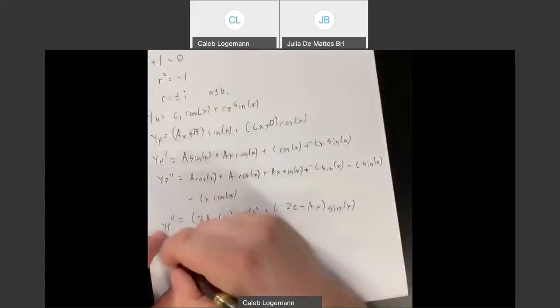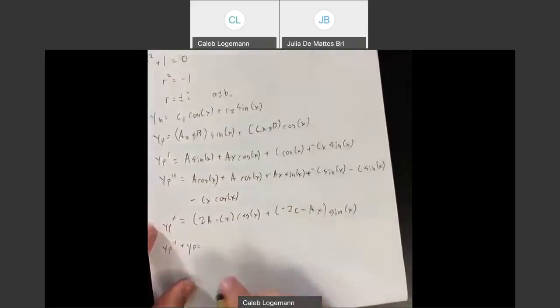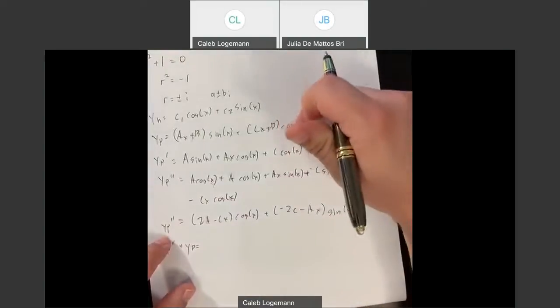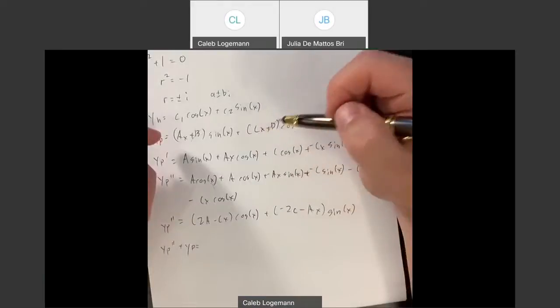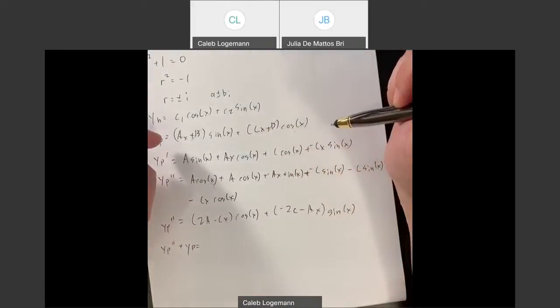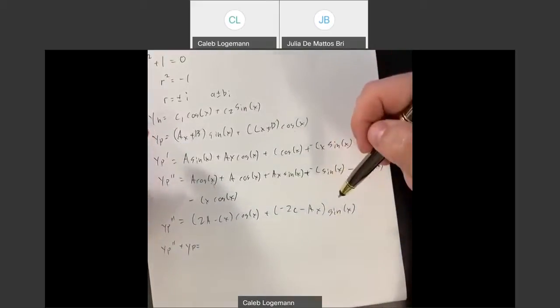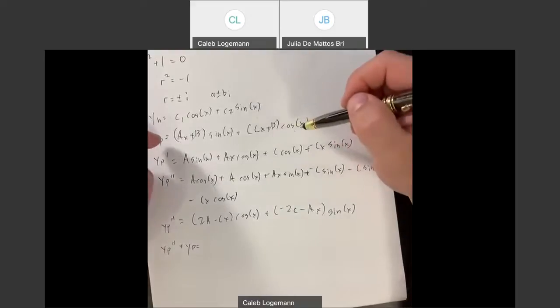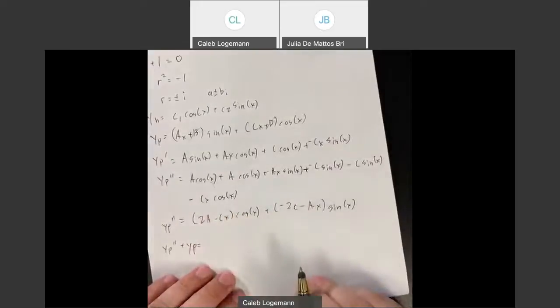So we have y_p double prime plus y_p, which is this plus our original guess. We add these two things together. And I'm seeing that I might have made a mistake here.